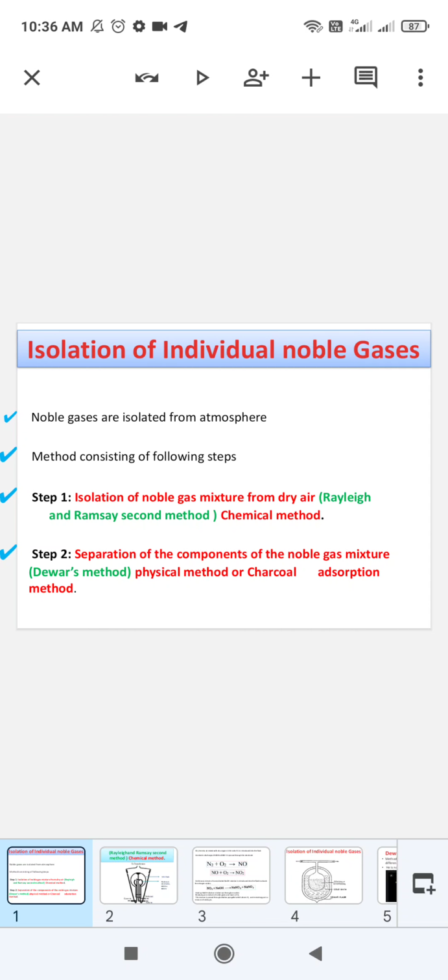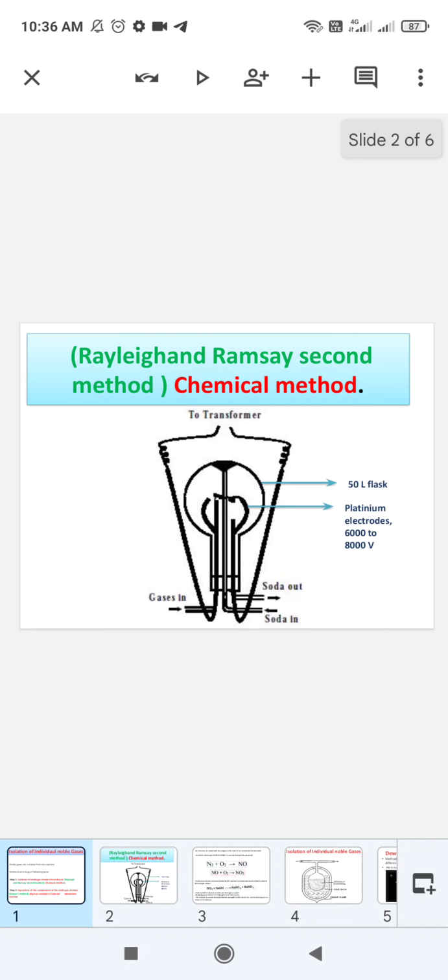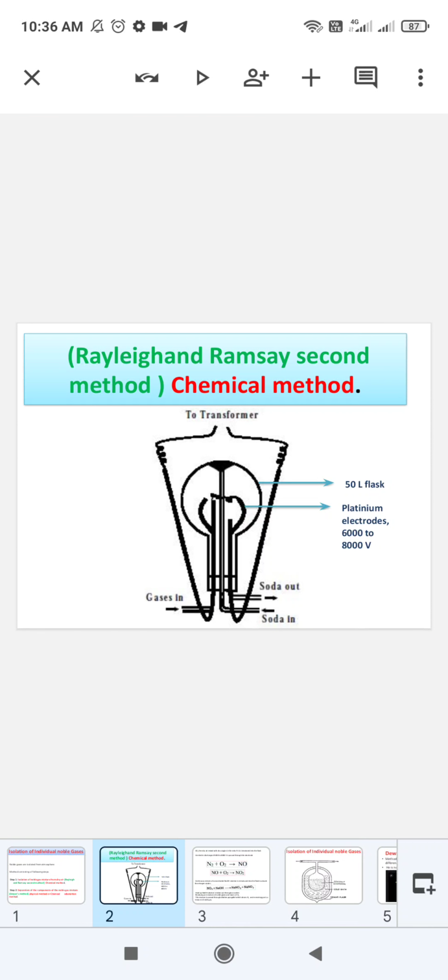Now let us discuss the first step in detail. This is the chemical method known as Rayleigh and Ramsay's second method, in which we pass the carbon dioxide free gas into this gas inlet. Here we can see a 15-liter flask which is kept inverted, and we pass the carbon dioxide free gas into this flask.